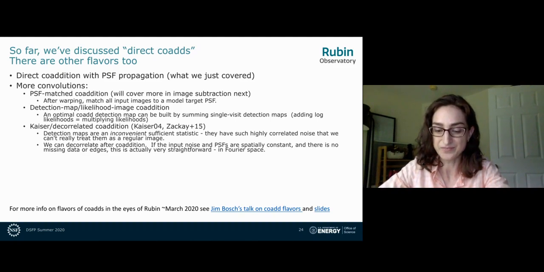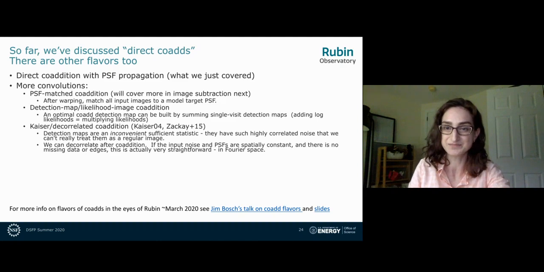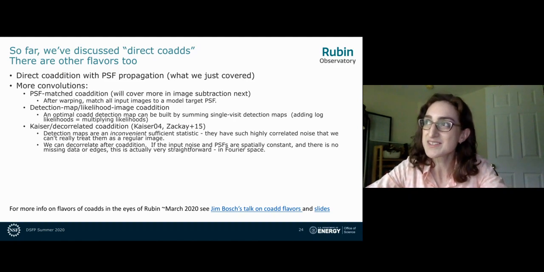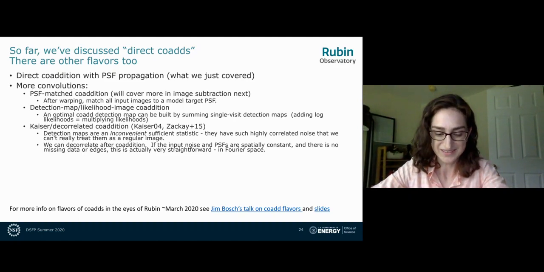And this is only optimal in the case where the PSFs are not spatially varying and the input noise is also not spatially varying. This holds for Fourier methods in general.